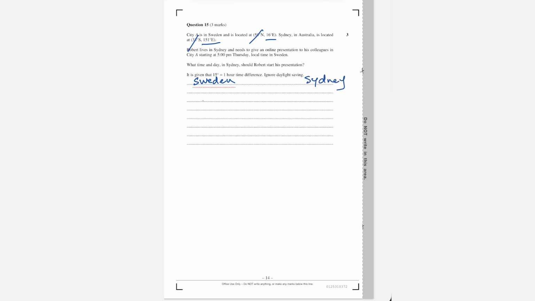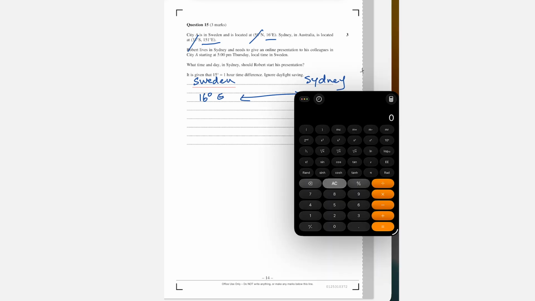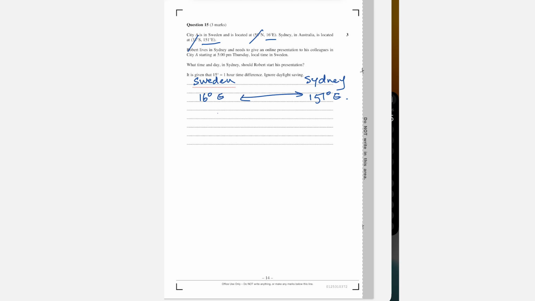Sweden is 16 degrees east, and Sydney is 151 degrees east. So we want to find the difference between these two. That's going to give us the time difference. So 151 take away 16 is going to give us 135 degrees.